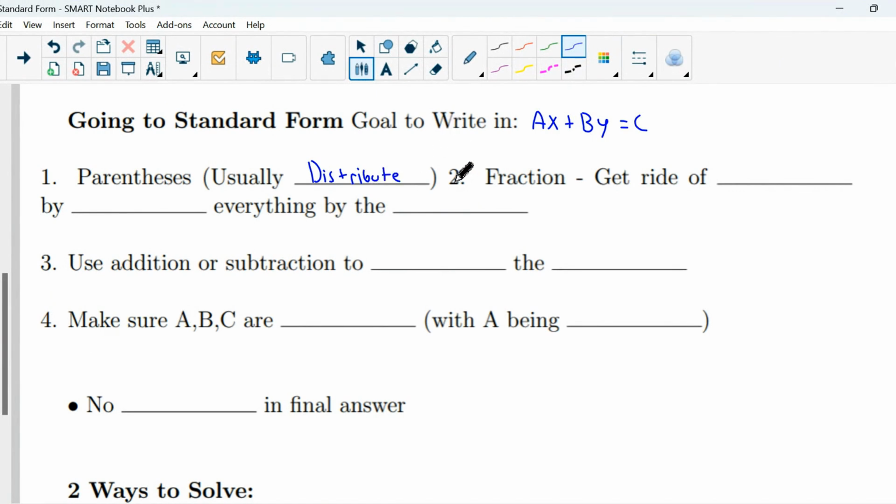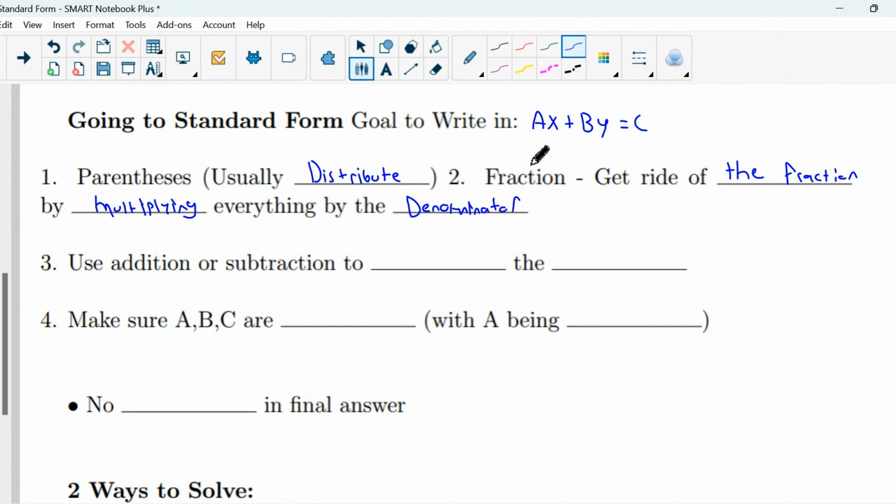Number 2, fractions. Get rid of the fraction by multiplying everything by the denominator.